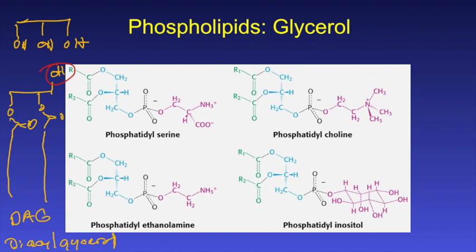And then when you put on your polar head group, you get phosphatidylserine, phosphatidylcholine, phosphatidylinositol, phosphatidylethanolamine. So glycerol can be converted into diacylglycerol, DAG, which then can be converted into phosphatidyl, which has a phosphate on the polar hydroxide, or one that will become polar, and then you name the group. All right, good test question.